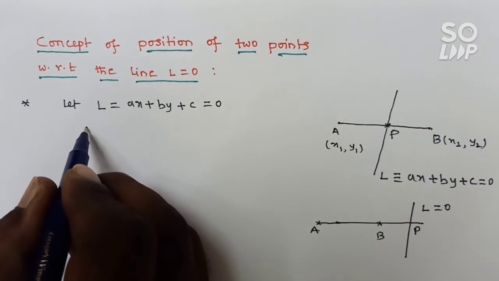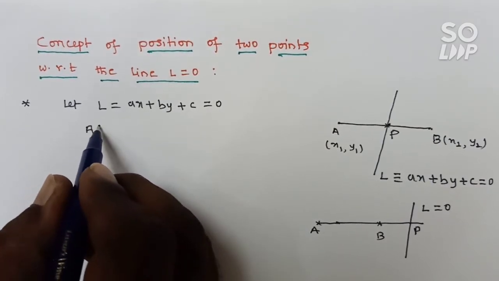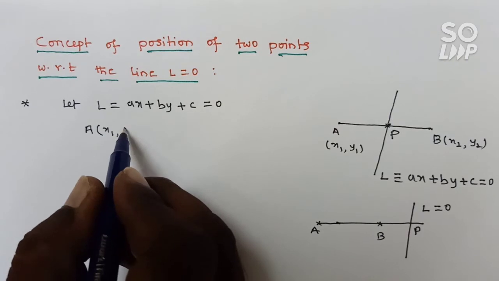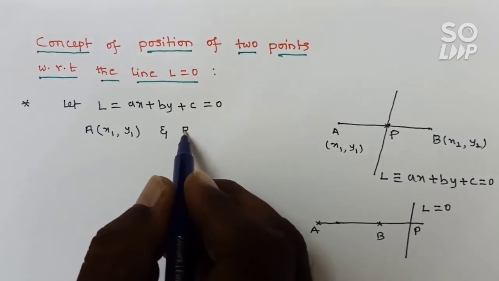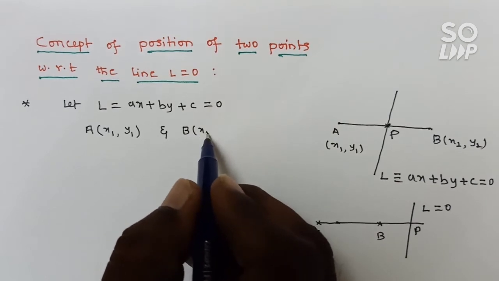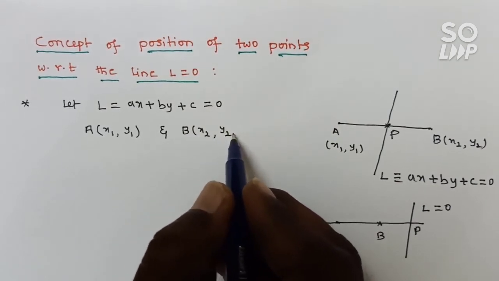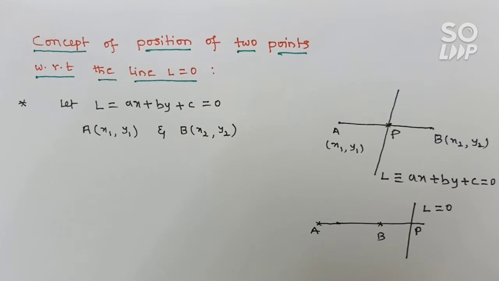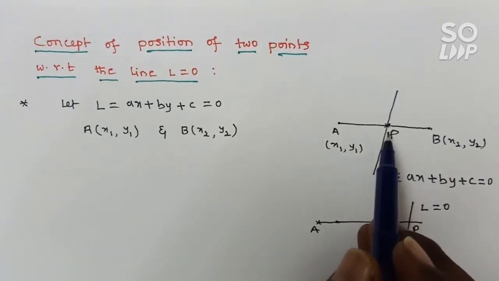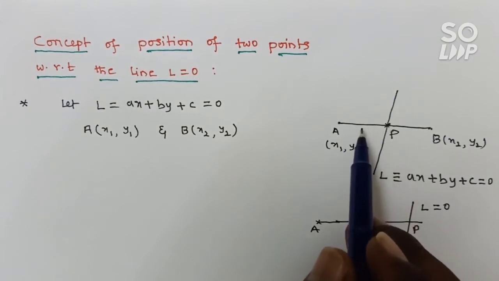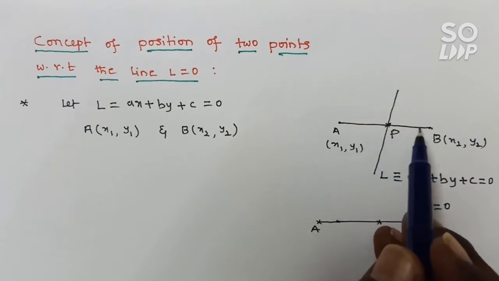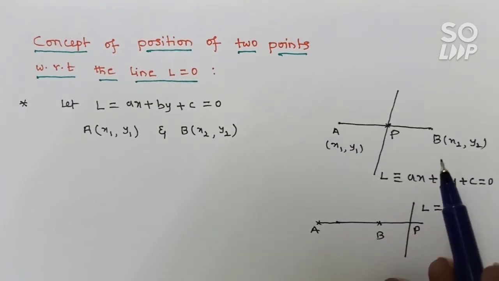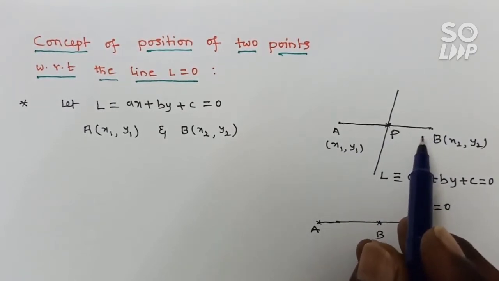Next A equals x1 comma y1 and B equals x2 comma y2. Right? So here we will find in which ratio the line L divides the AB line segment. So that we have to find out.